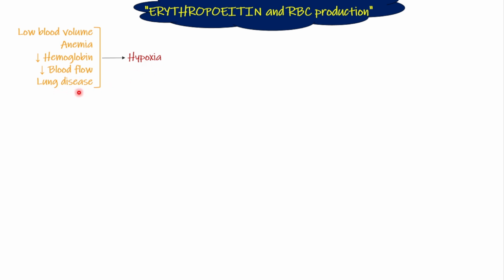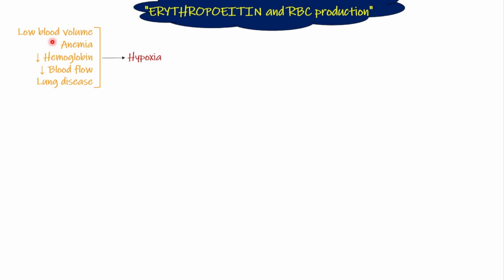Lung disease can cause hypoxia because of decreased oxygenation of the tissues. Decreased blood flow can cause hypoxia because of the decreased supply to the tissues. Decreased hemoglobin will cause hypoxia because of the decreased ability to carry oxygen. And same as the anemia. And the low blood volume itself means low blood pressure and low perfusion to the tissues and low supply of oxygen to the tissues, which is hypoxia.